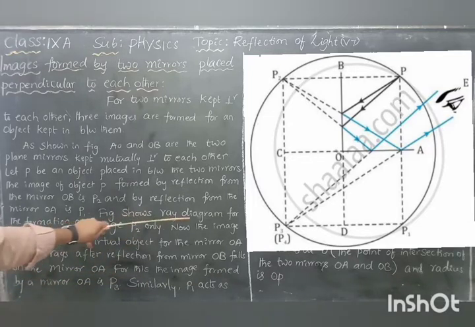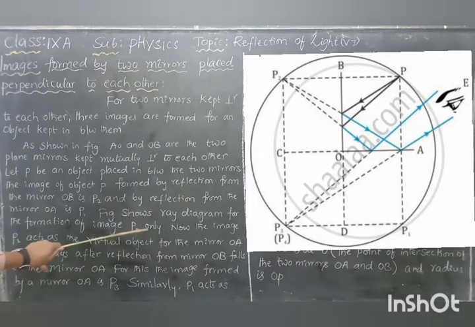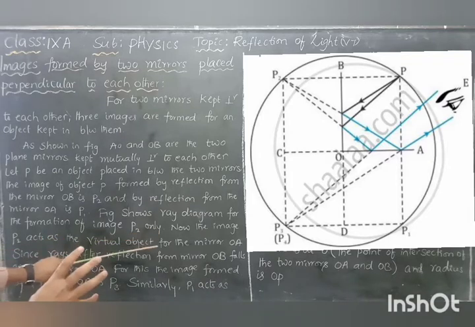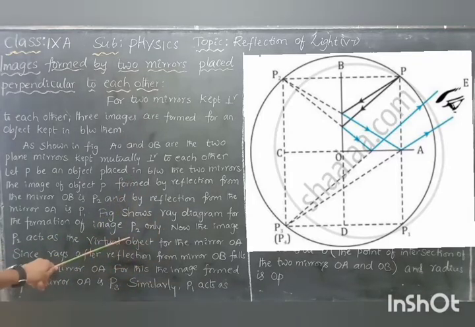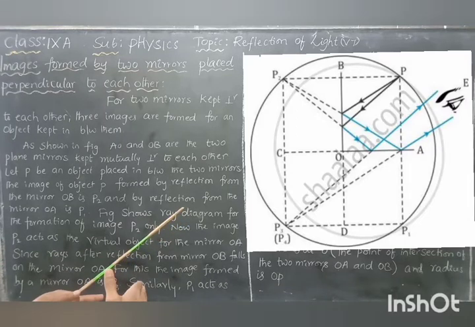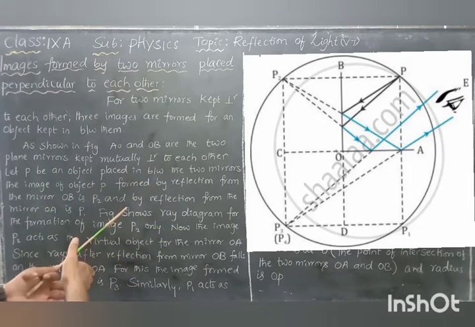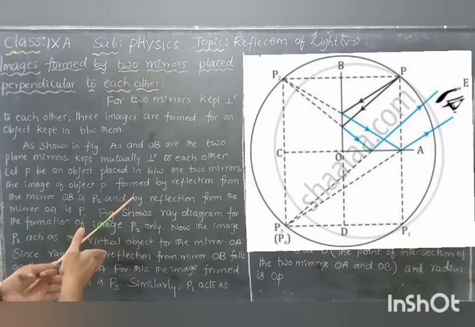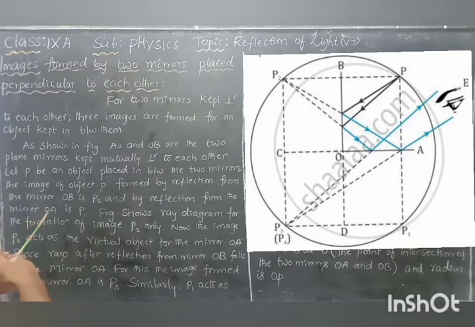The figure shows a ray diagram for the formation of image P2 only. We are taking only the image due to the corresponding mirror. It forms on the left-hand side because it is a virtual image.